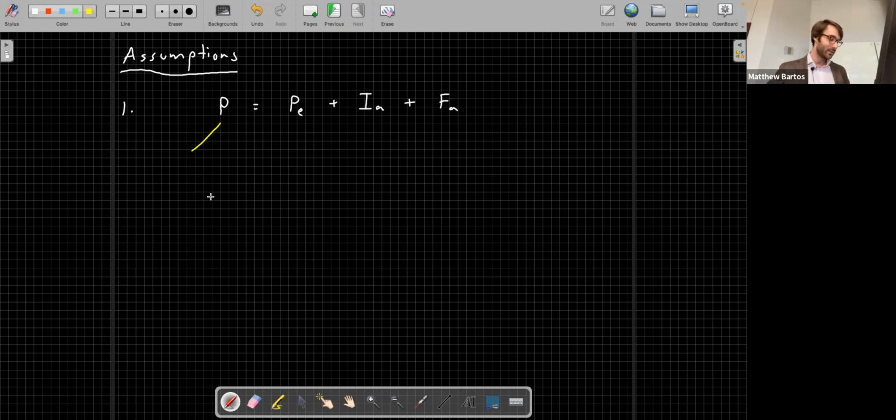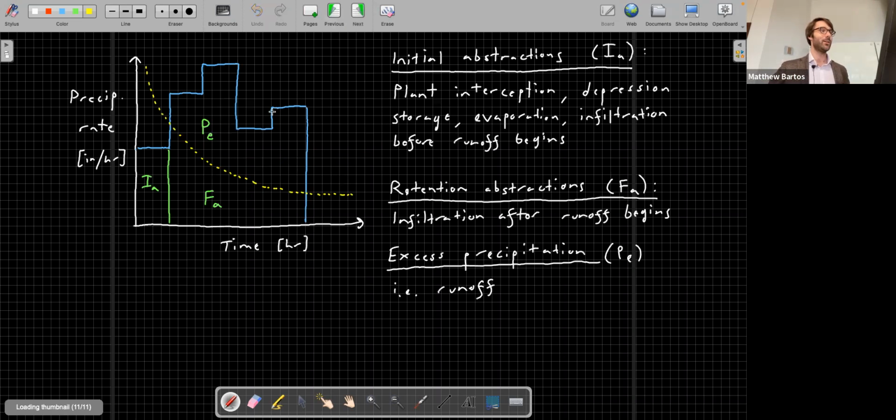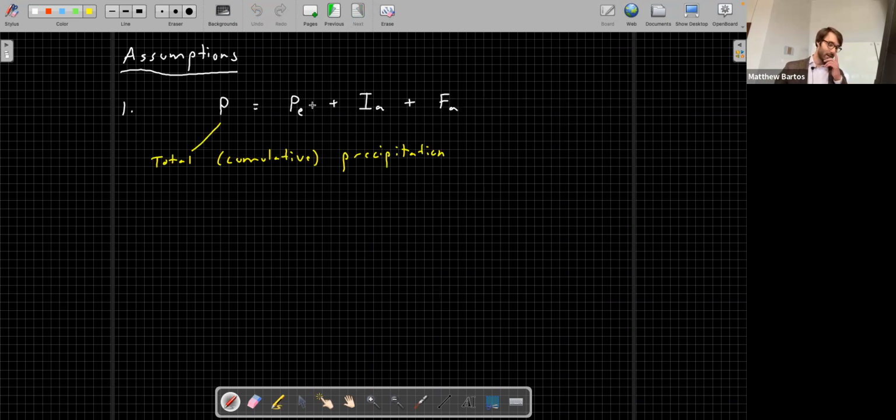Note here that P is the total cumulative precipitation. So this is not the rate, this is rather the total amount of precipitation that has fallen by that point in the storm event. You could think of it as being the area of this entire plot here. So that's our first assumption.